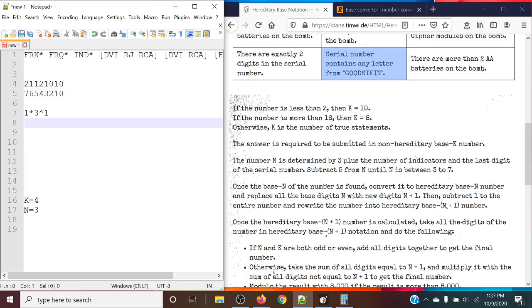That would be how it works. So it would be 1 times 3 to the power of 3. But according to hereditary base notation, that is not allowed. So here's where we get to the fun stuff. So that's going to be 3 to the power of 1 times 3 to the power of 1. Mark that with the notation. And that's going to be it for that conversion.